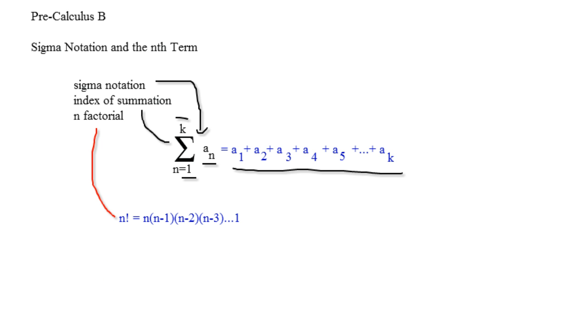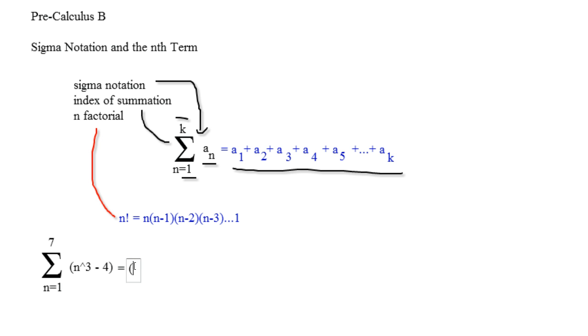For example, we are working with this. So once again, this is a series, this is sigma notation, and this is our index of summation. We start at the first term and go up to the 7th term, and here's our pattern. You can write it out and calculate it simply.